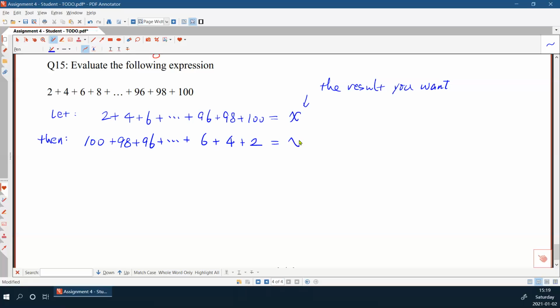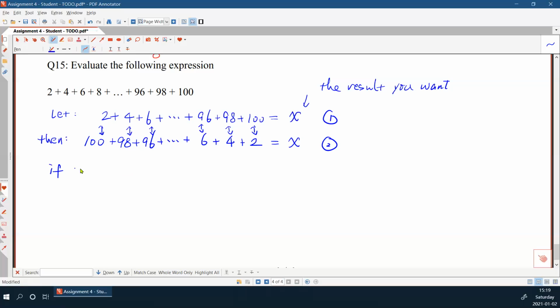This is also x, right? The reason we want to rewrite it this way is the sum of any two corresponding terms are equal, right? Because 2 plus 100 is 102. 4 plus 98 is also 102, right?